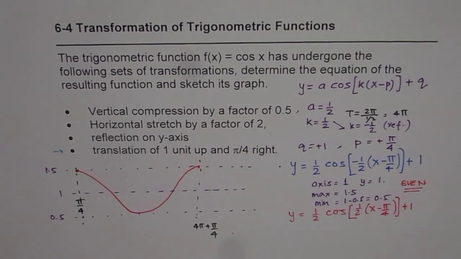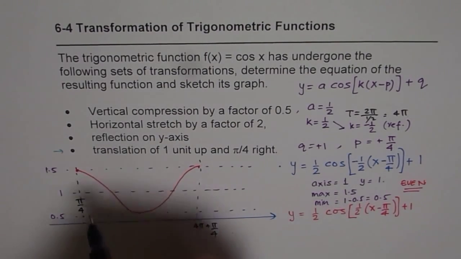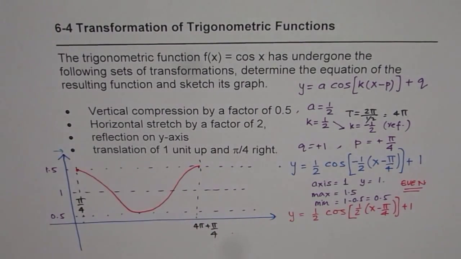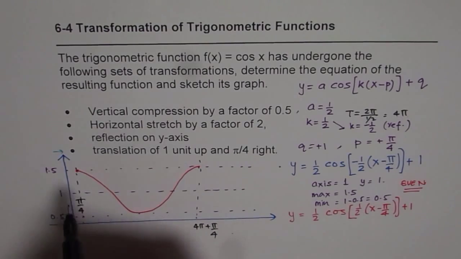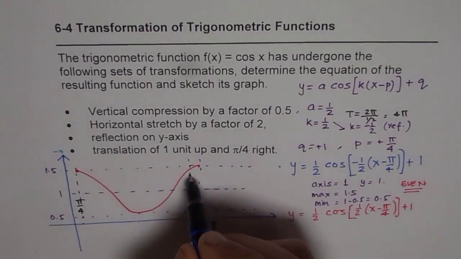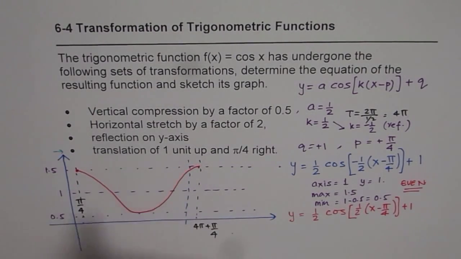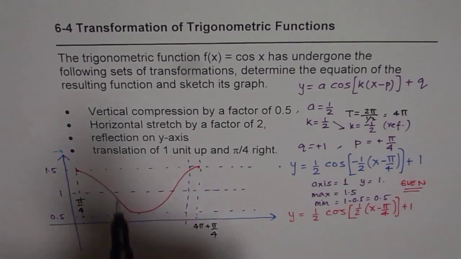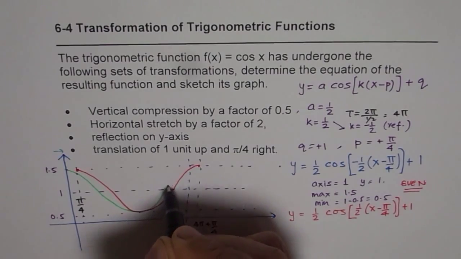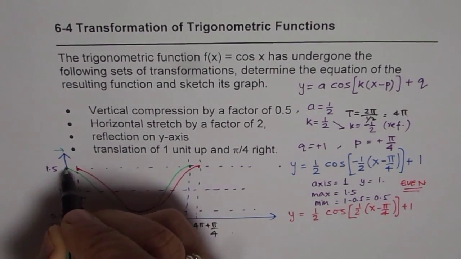Now, to give you a full sketch of this, let's say this is my x-axis, right? And that's my y-axis. I put pi by 4 units to the left of this, correct? So what we normally do is, we first draw the graph of the function without horizontal stretch. So that means, let me draw a light graph here. Like this. Do you see that?